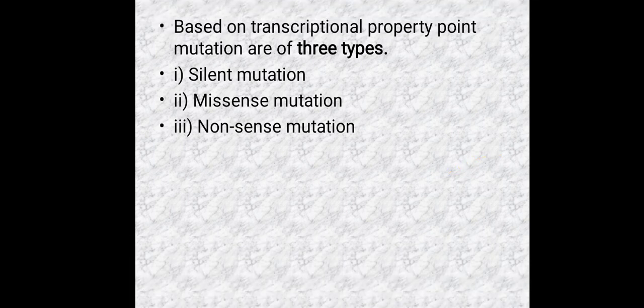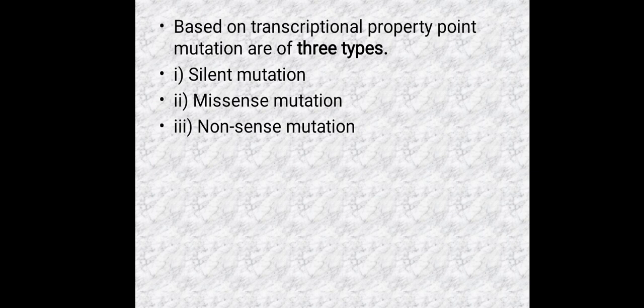Now based on the transcriptional property, as we know that whenever there are changes within the sequence of DNA, the DNA is majorly responsible for giving the central dogma for protein synthesis. The sequence of the DNA which is present gets copied in the form of messenger RNA within the transcription process, and then it gets translated in the form of a sequence of amino acids during the protein synthesis or translation process.